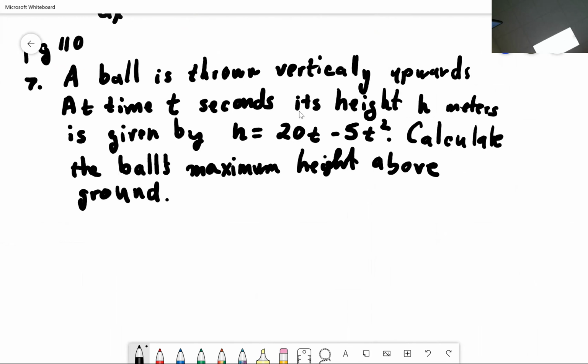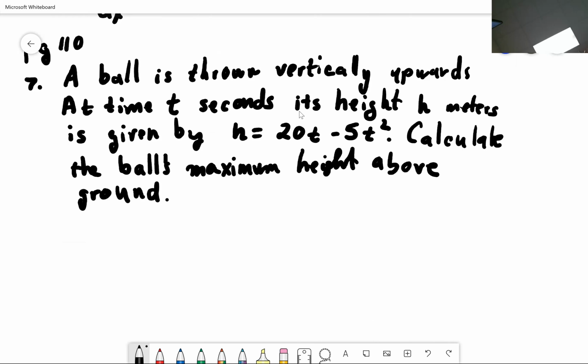So that's a parabola, by the way. Is that parabola facing up or is it facing down? Down. You could tell it's facing down because of that -5 in front of the t squared. Remember that for the variable with a squared exponent, if it has a negative coefficient, it will face down.